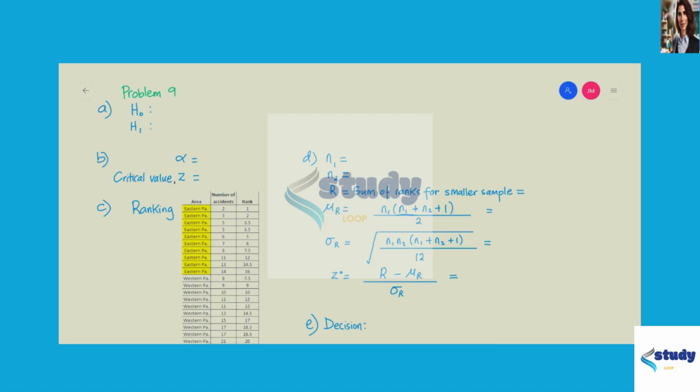So the null hypothesis will be that there is no difference in the number of accidents in the two areas.